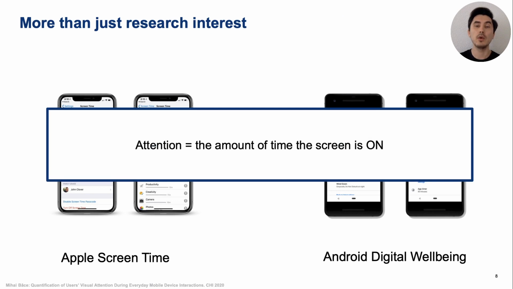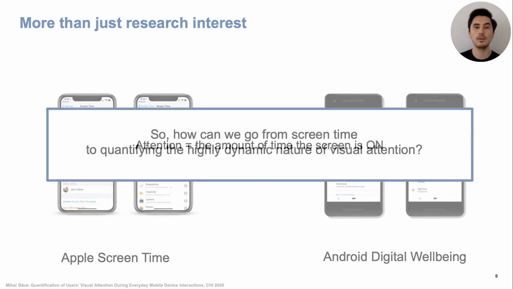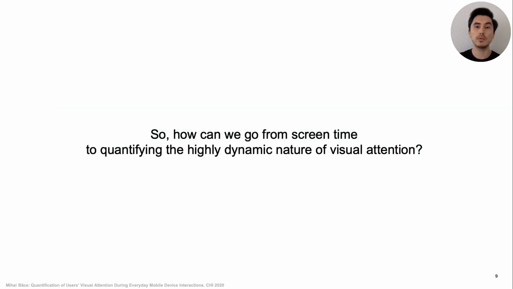However, they only measure the amount of time the screen is on, which cannot capture the individual and fragmented nature of attention. What we are trying to identify is how to go from screen time to quantifying the highly dynamic nature of visual attention.